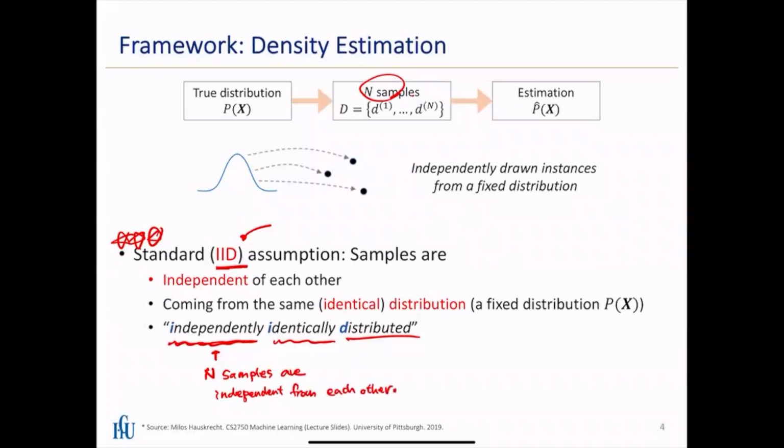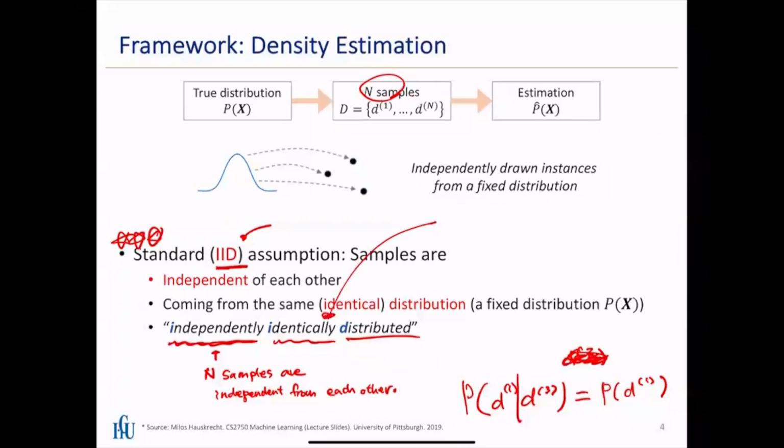That means knowing data point D3 does not affect any probabilistic knowledge about knowing D1, for example. We spoke about the definition of independence before, and all the rules relating to independence apply here. Any given two instances from my sample are independent from each other.